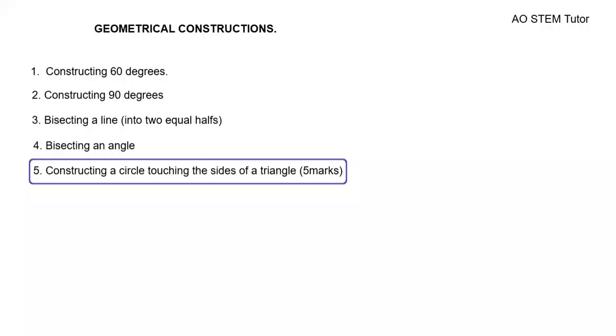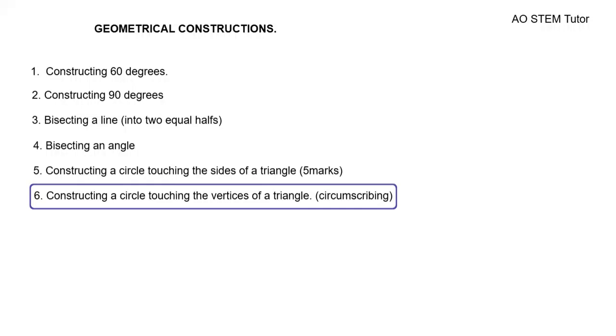Then lastly, constructing a circle touching the vertices of a triangle. We call that circumscribing. It is also carrying 5 marks.